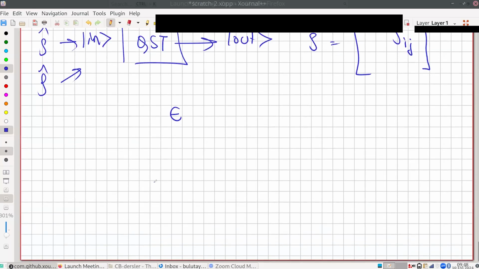For those examples, there is something called the mutually unbiased basis concept. Because of some delay, I will leave this mutually unbiased basis for you to read.